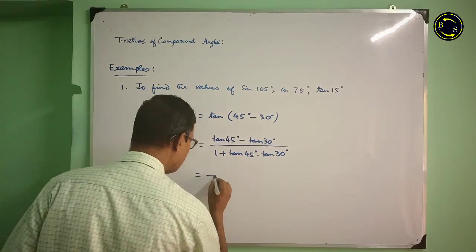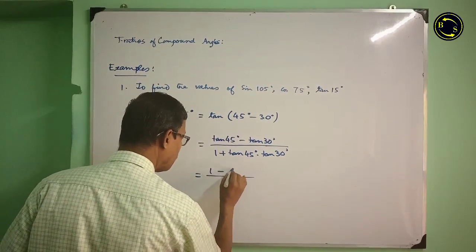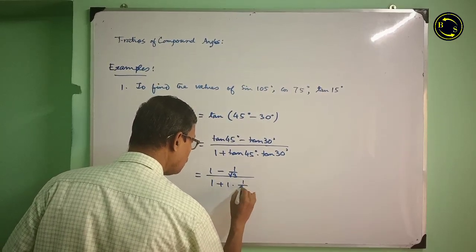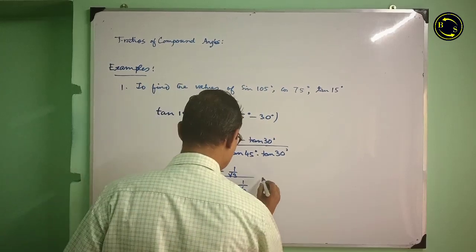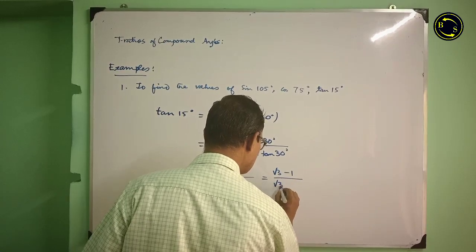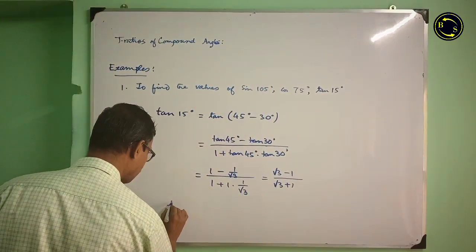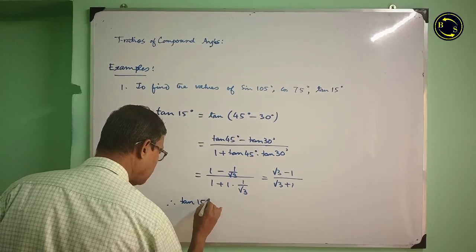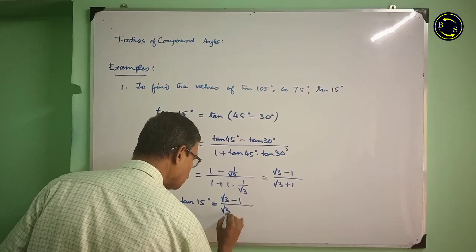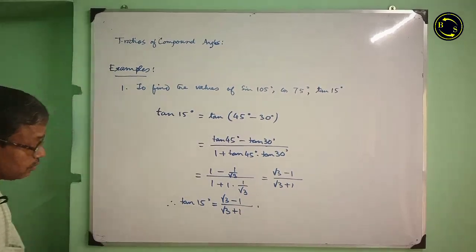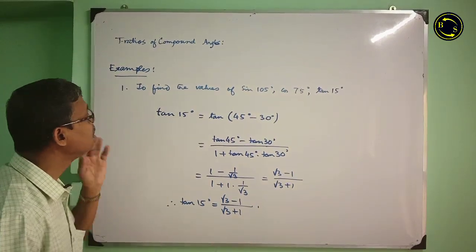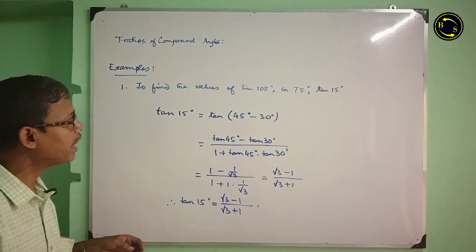Now, put the values: 1 minus 1 by root 3 over 1 plus 1 into 1 by root 3. Simplify, it will be root 3 minus 1 over root 3 plus 1. Thus, tan 15 degree is equal to root 3 minus 1 over root 3 plus 1. Thus, we have applied the concept of finding trigonometrical ratios of compound angles.